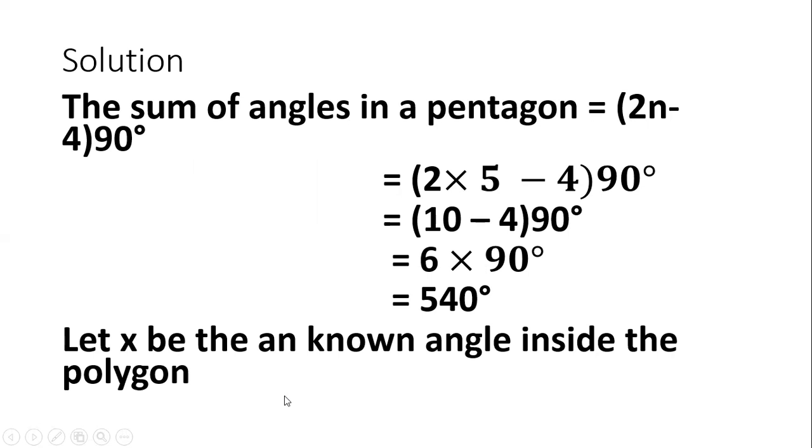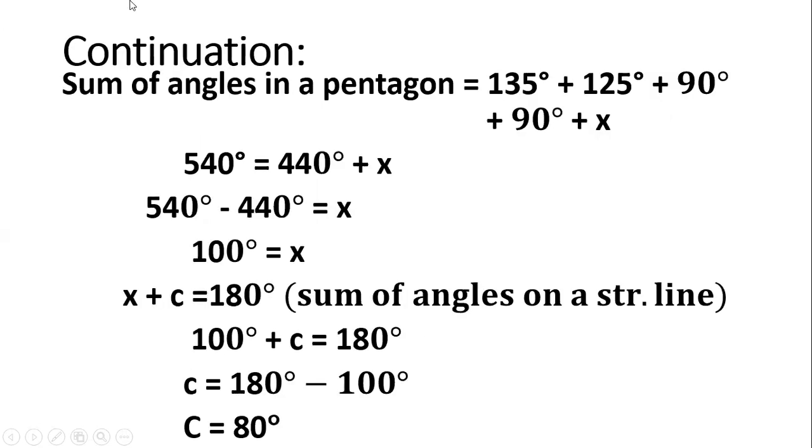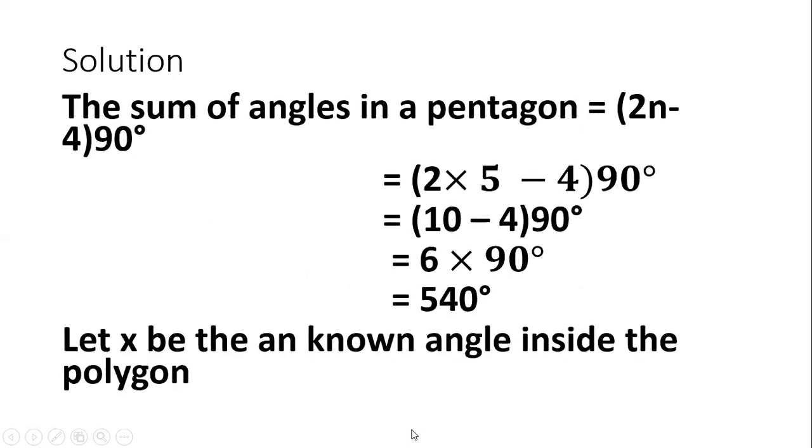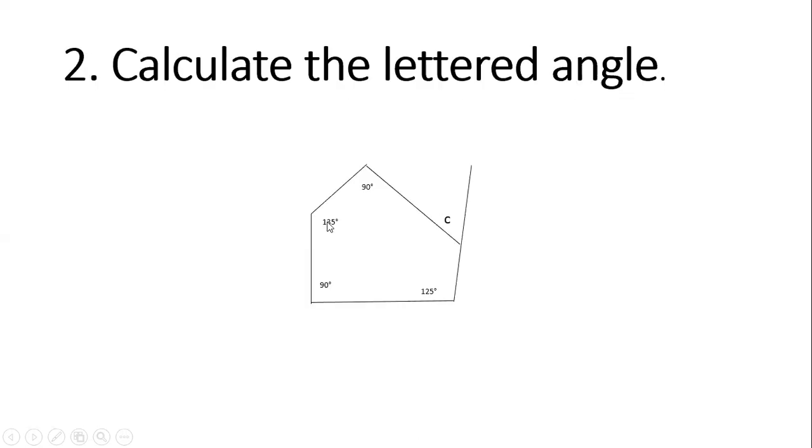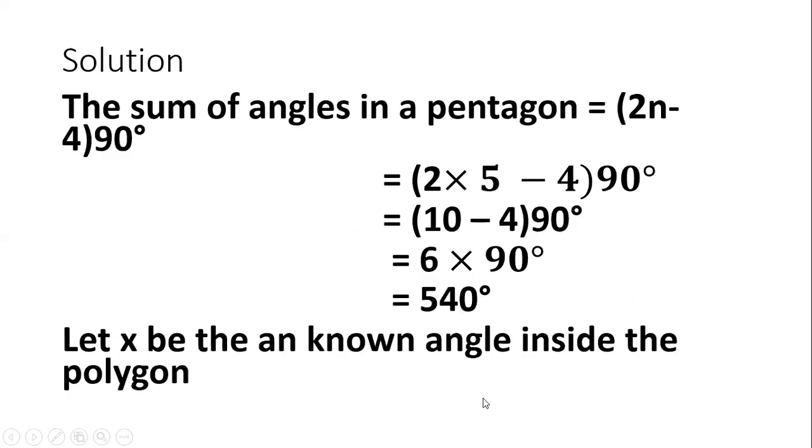So that's why we have the sum of angles in that pentagon. It will be this added to this, added to this, so it will be 135 added to 90, added to 90, added to 125, added to x, which is representing the last angle inside the pentagon.